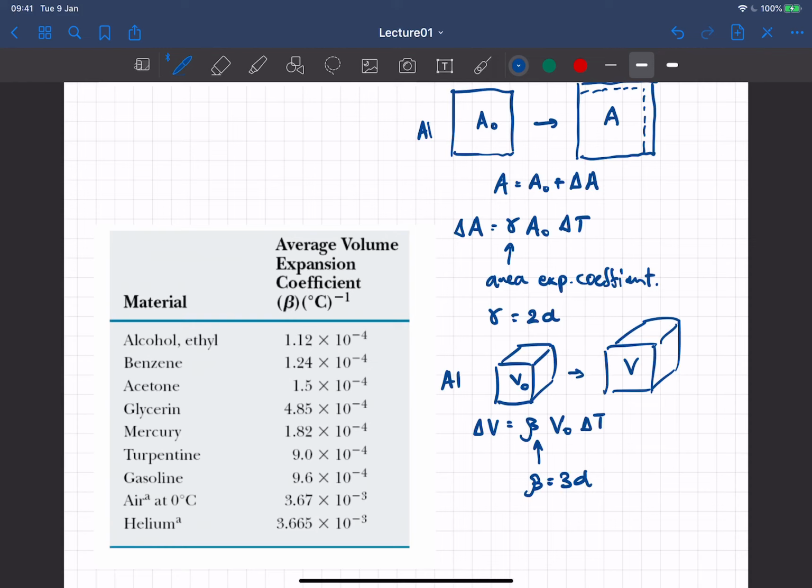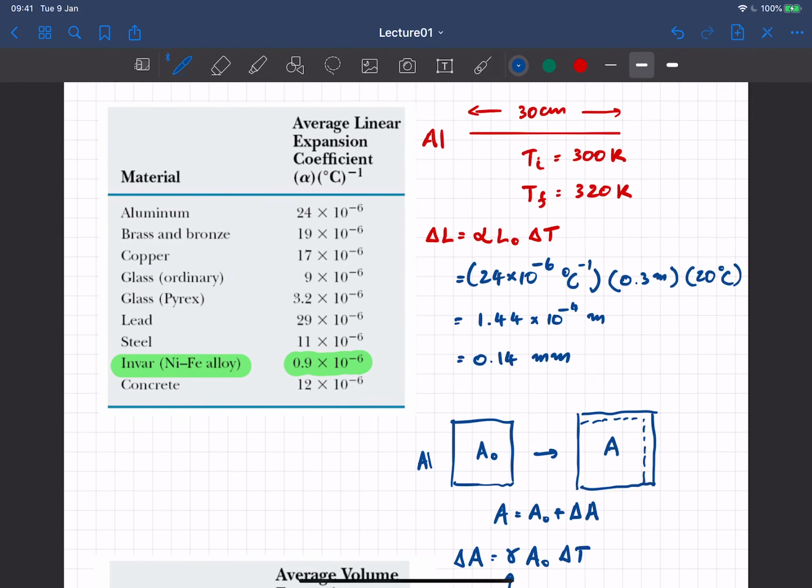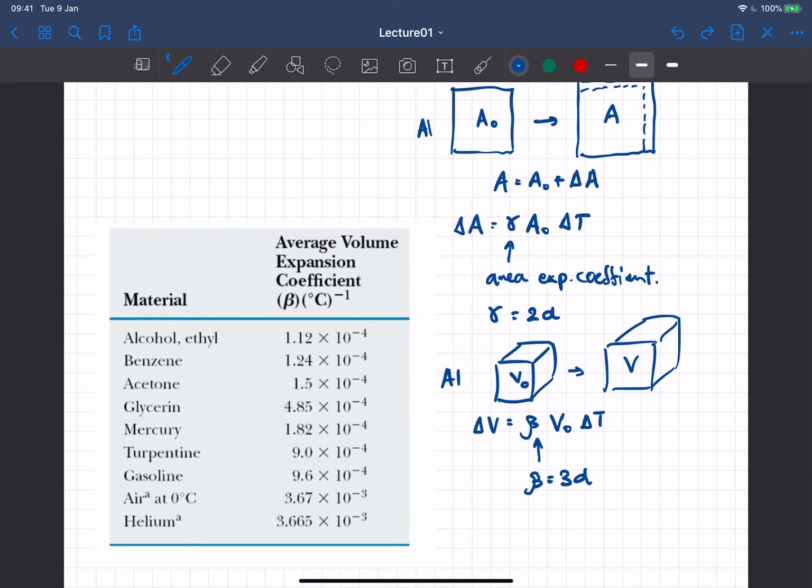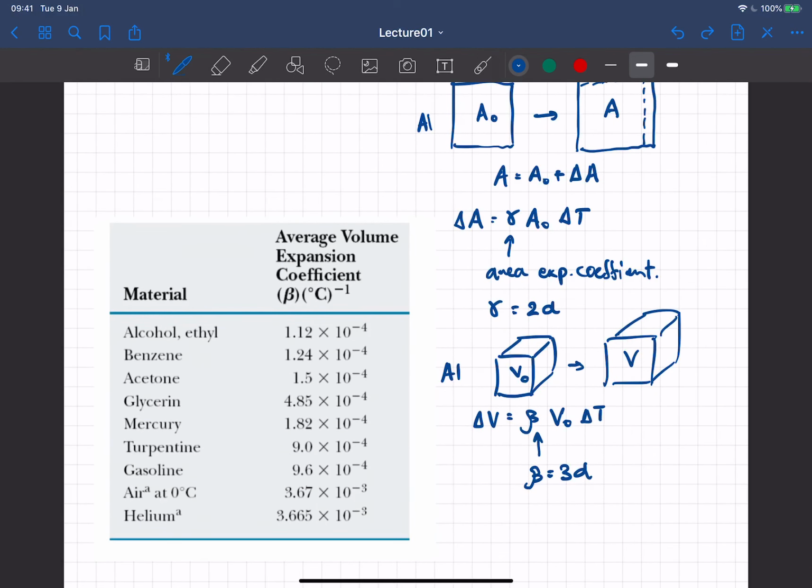So in principle, you don't need another table for volume expansion for anything in this table, because it's just multiplying this number by 2 or by 3. So for metal, most of the time we just talk about the linear coefficient. And for things which are liquid or gas, then we just talk about the volume expansion coefficients. And that's going to be enough for us to explain anything.